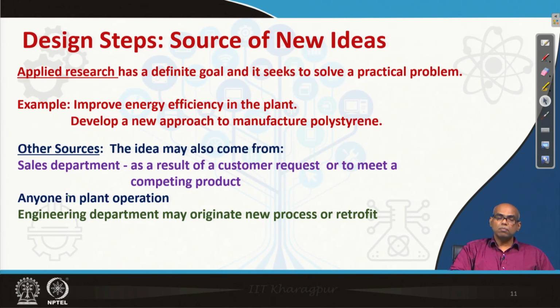There is a new product in the market and the company wants to meet their product. Anyone in plant operation can come up with some idea. The engineering department may originate a new process or they can also initiate retrofitting of an existing process.